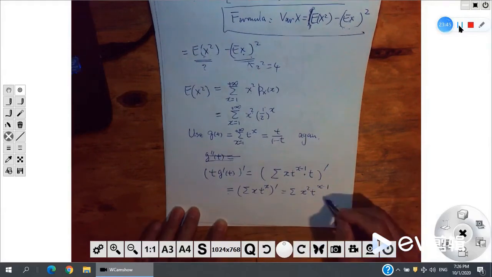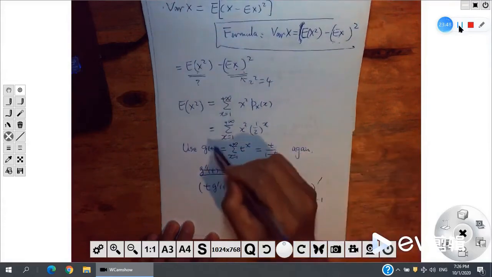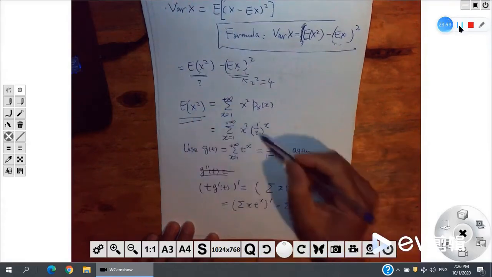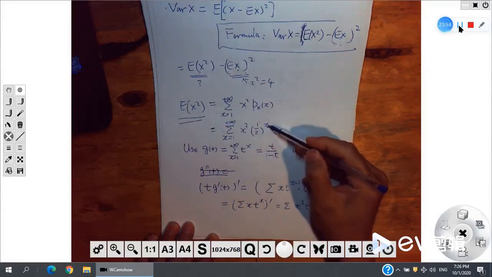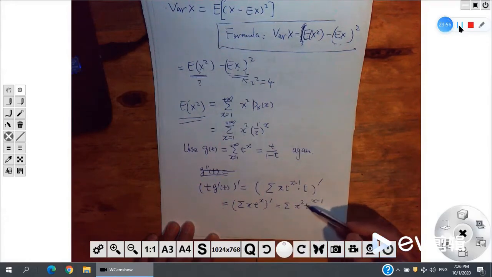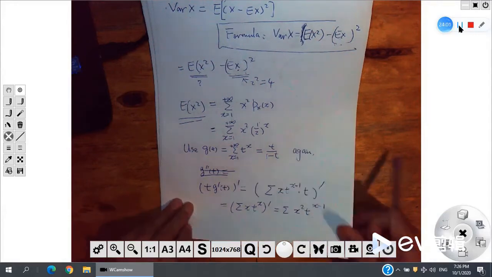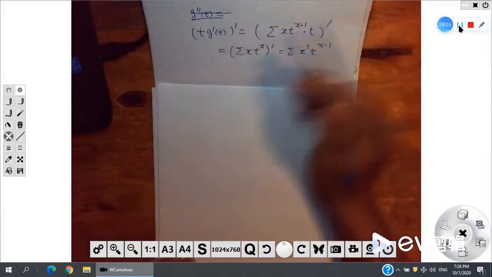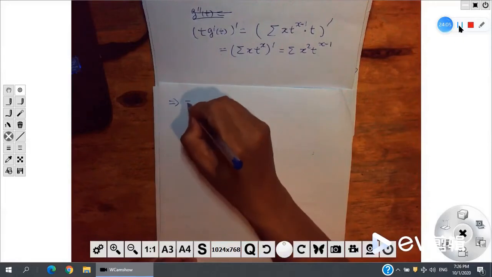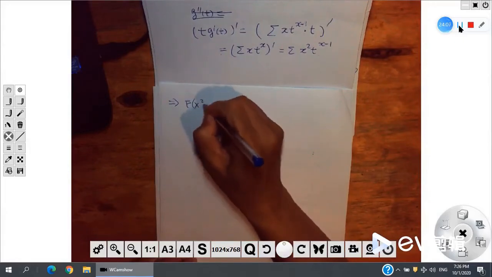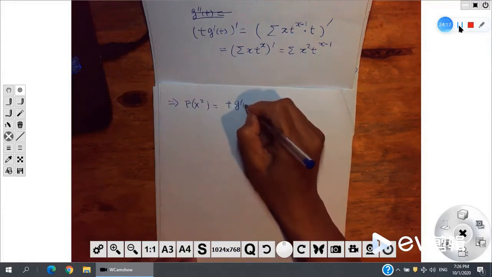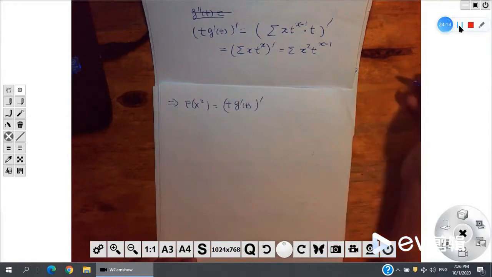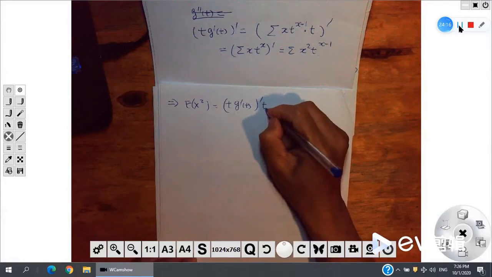Okay, what is this? We compare. What do we want? We want x squared times t to the power x. This is x squared times t to the power x minus 1. So now we have our result here: E of X squared equals t times the derivative of t g prime of t, again times t, right?